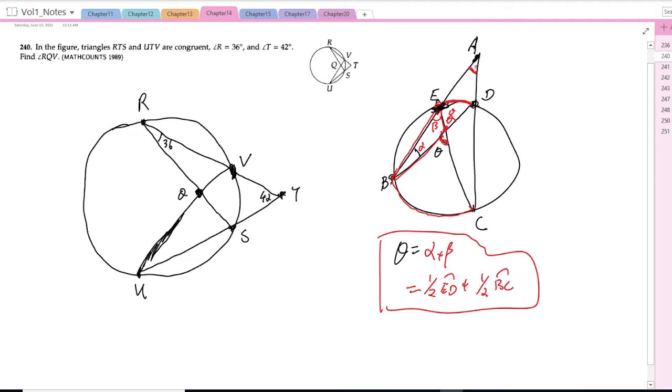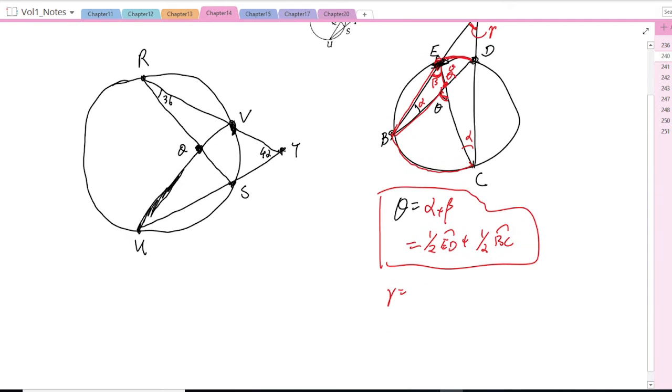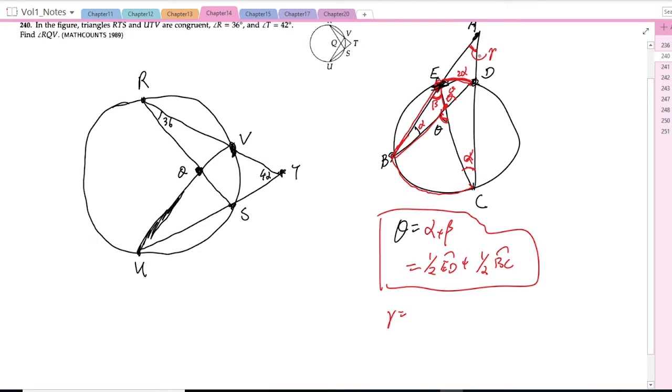The other important result is the angle gamma here. If this is beta, this is alpha as well, because ED spans angle EBD and angle ECD on the same circle. So this is also alpha. This is 2 alpha, right? So gamma is the exterior angle.